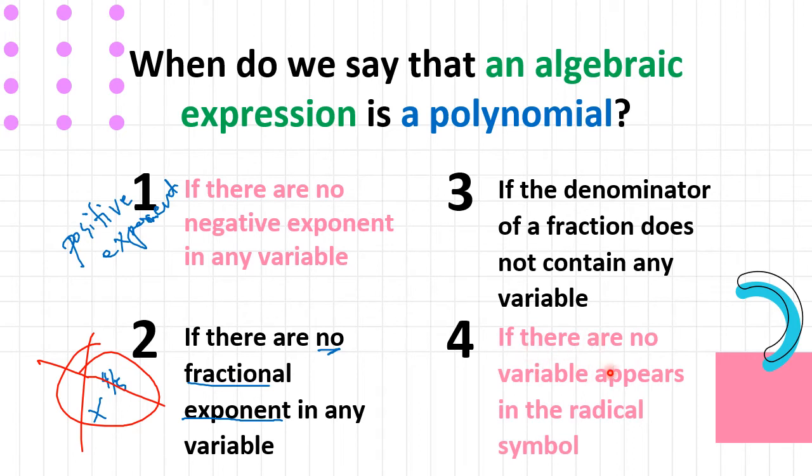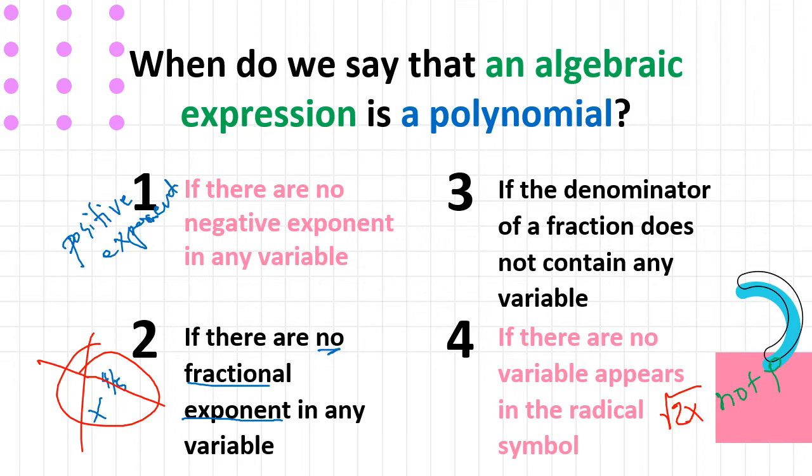And number 4, if there are no variables in the radical sign. So, kung makakita tayo ng given polynomial expression na mayroong radical sign, kailangan sa loob nito wala tayong variable. Okay? So, kunwari, meron tayong nakalagay dyan 2x. Kung mapapansin nyo, may variable tayo dito, so that means this one is not a polynomial.